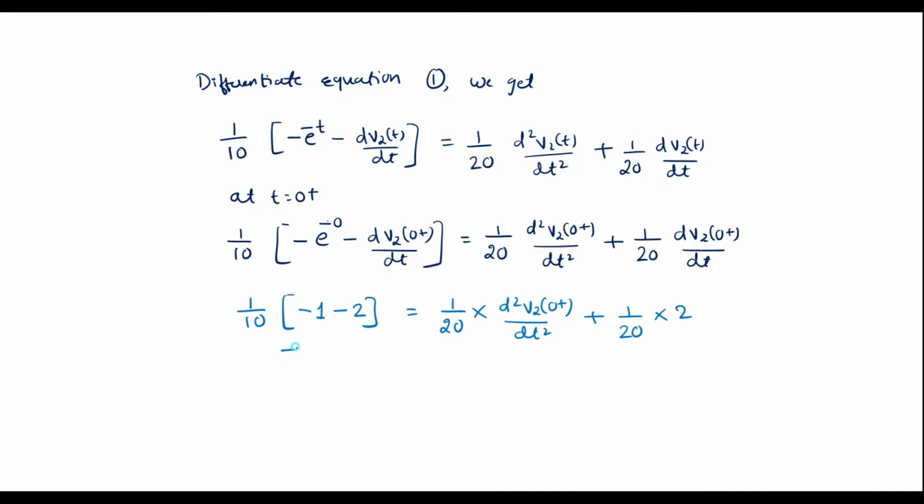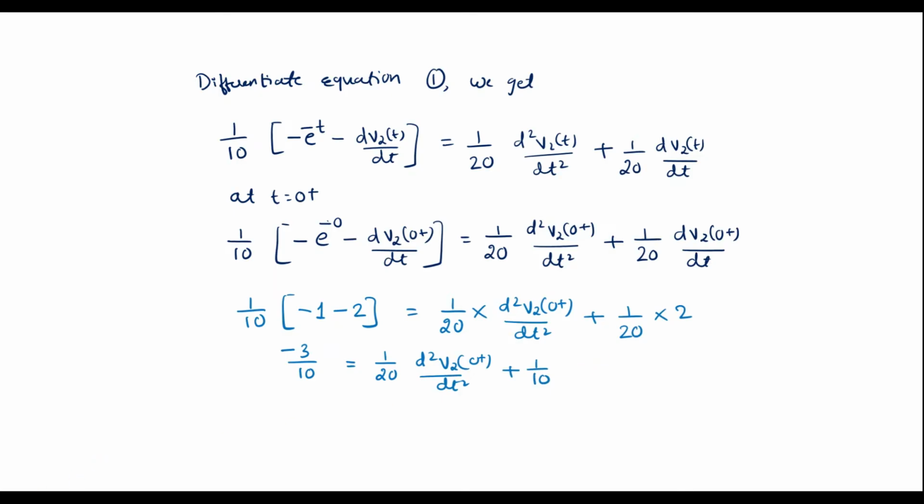So this is minus 3 by 10 is equal to 1 over 20 d square v2 of 0 plus by dt square plus 1 over 10.